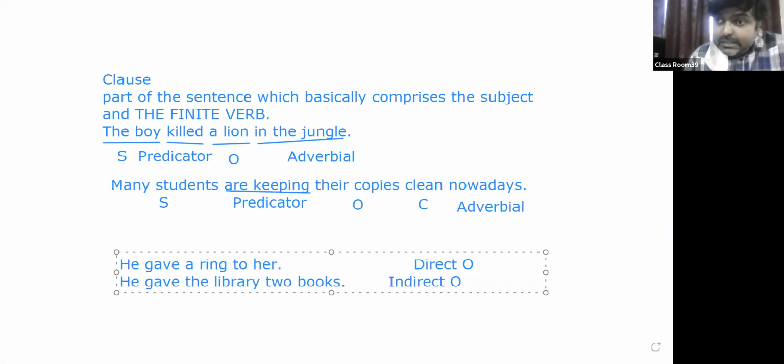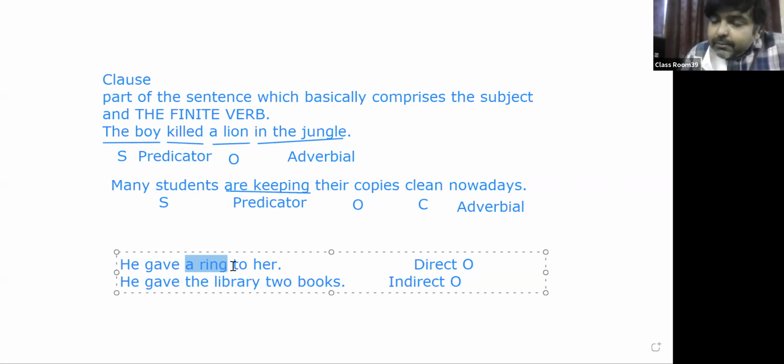The previous one was he gave her a ring, and we had said that the indirect object is her because it is answering the question whom. When you come to such a structure, where he gave what? He gave a ring, definitely direct object.